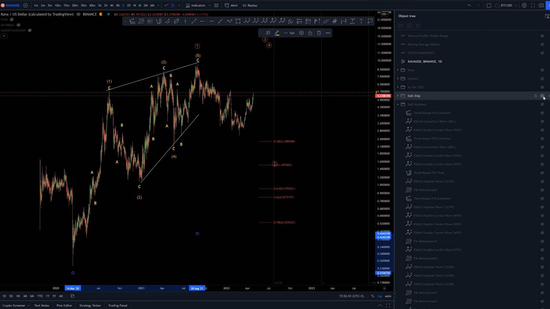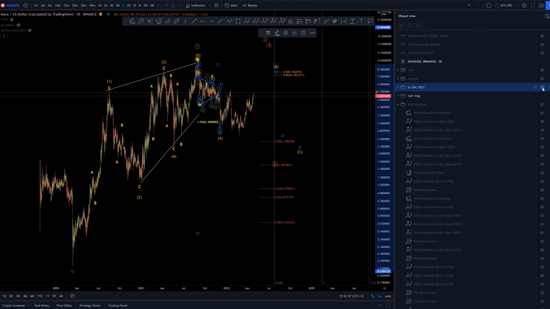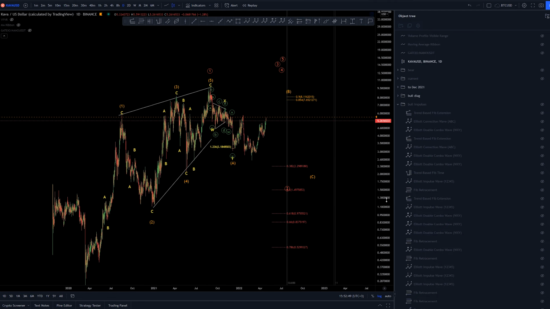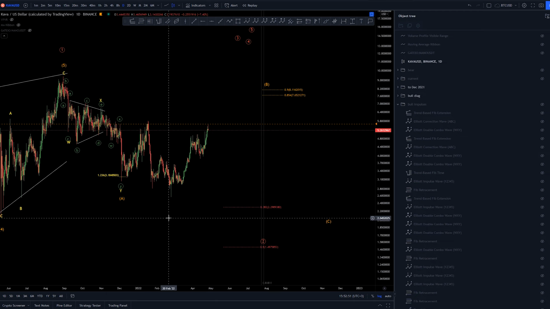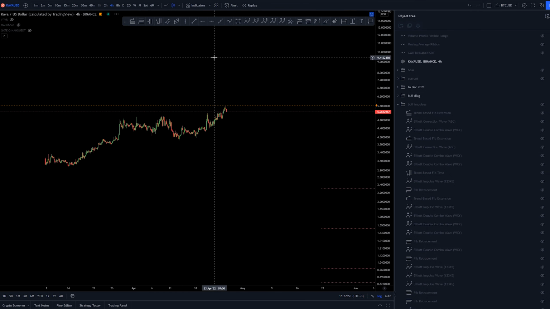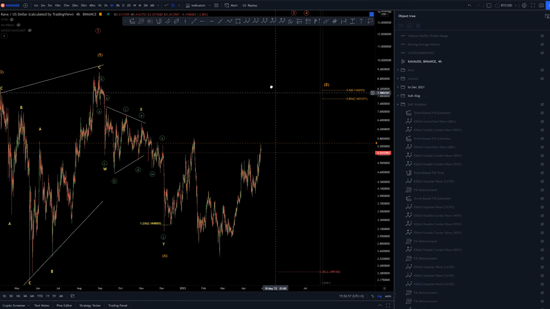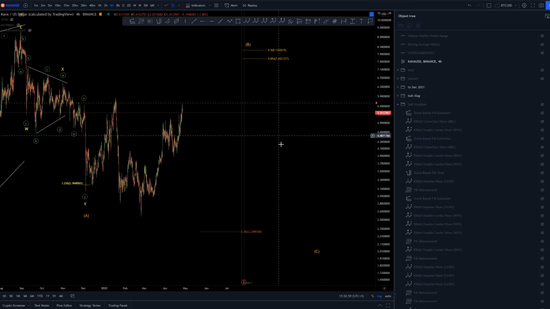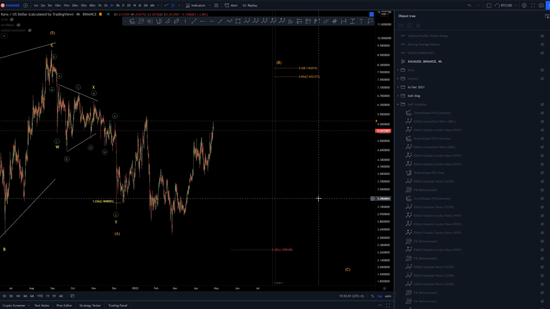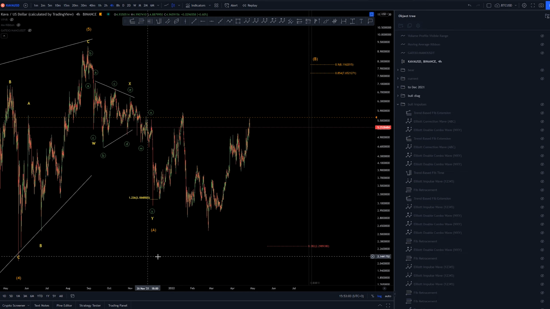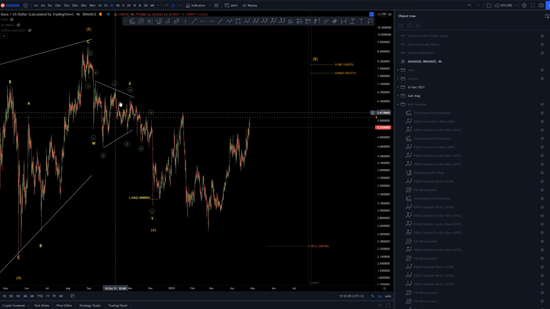Let's see. Yeah, and let's zoom in a bit and take a closer look at the correction that we've had so far. Assuming again that this is the one, we would be looking for some kind of three-wave structure downwards. The first structure here I've labeled as a WXY.